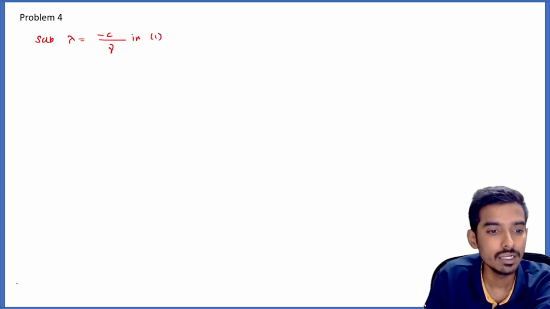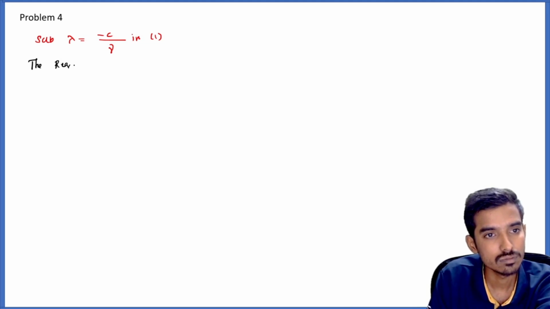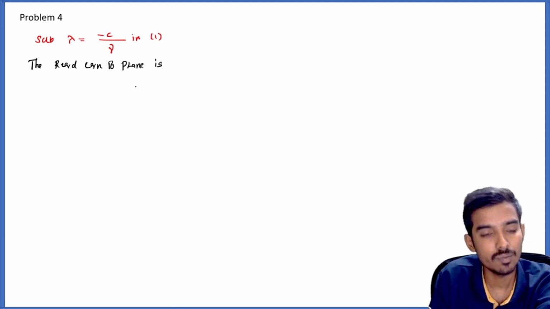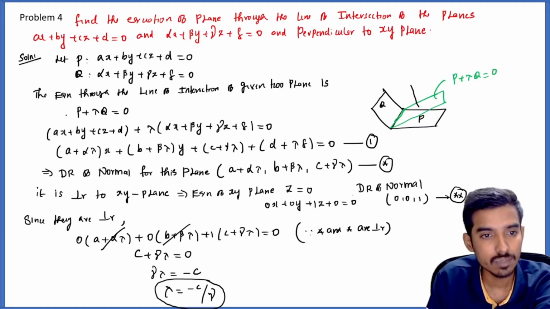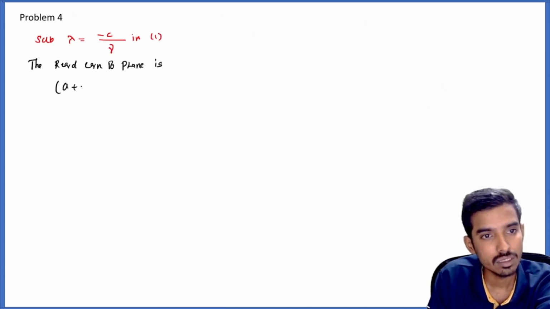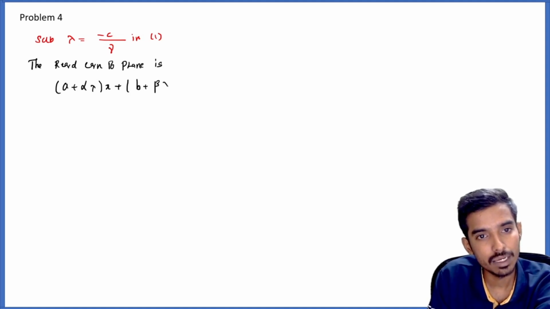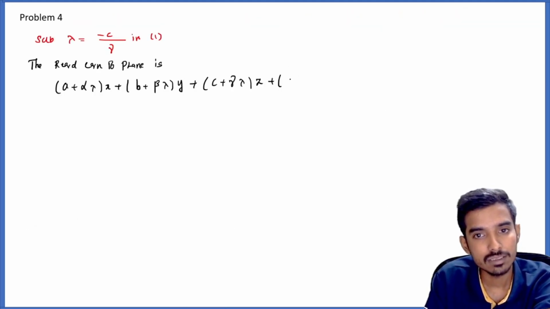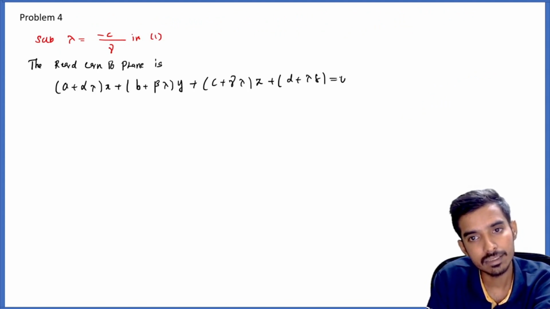The required equation of plane is a plus alpha lambda into x, b plus beta lambda into y, c plus gamma lambda into z, plus d plus lambda delta is equal to 0.